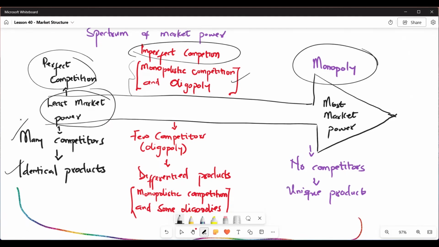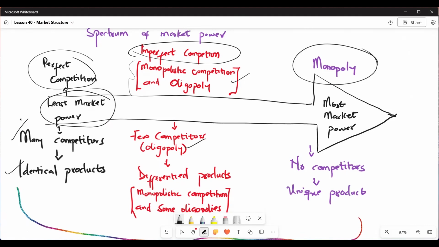So for a particular region, there may be just a few of them that are large in size serving that particular region. So even though competition exists, it's not as tight as perfect competition. And also in oligopoly, we have differentiated products. So the product may be serving a similar purpose, but then branding may differentiate one from another. So this gives them a bit of market power.